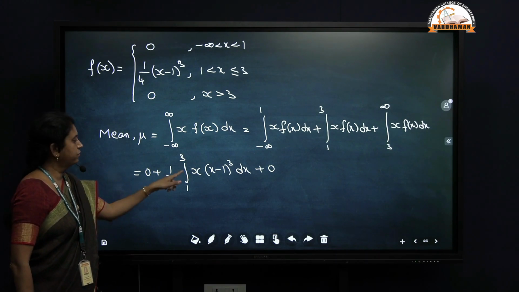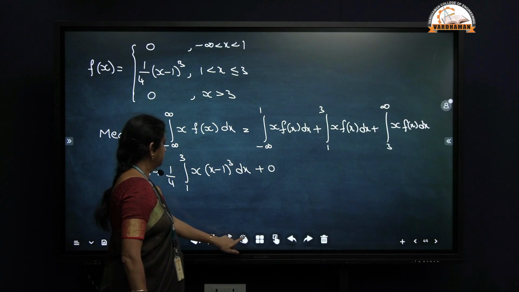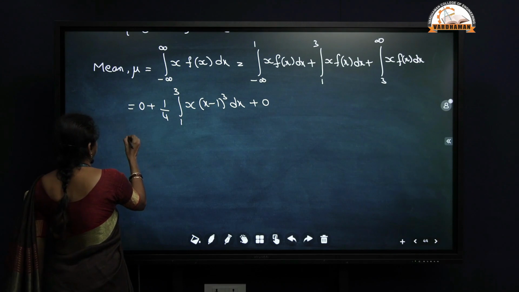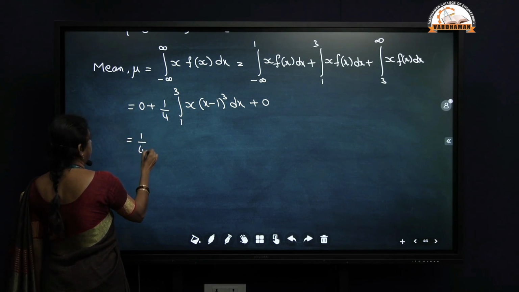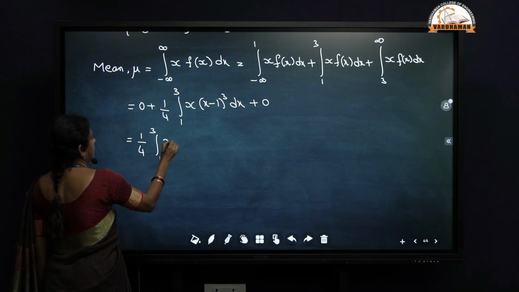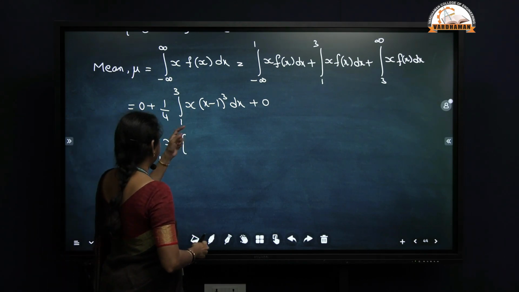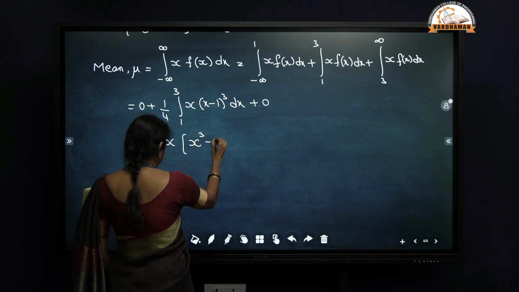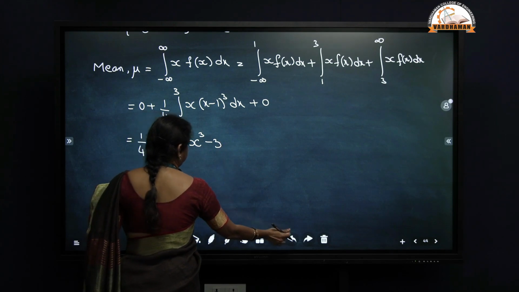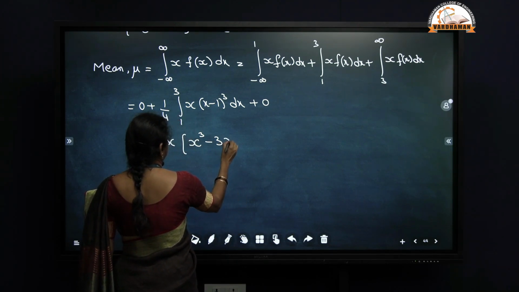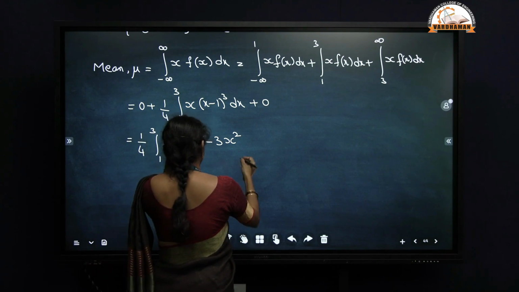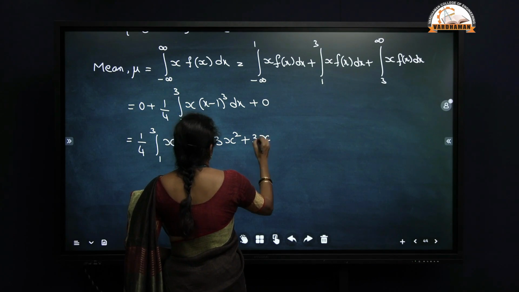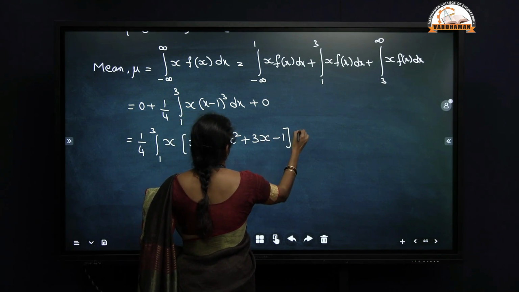Now, we will integrate this. Before that we will simplify this part. So, we can write this as 1/4, limits from 1 to 3, x times the expansion of (x - 1)^3, which is x^3 - 3x^2 + 3x - 1, dx.